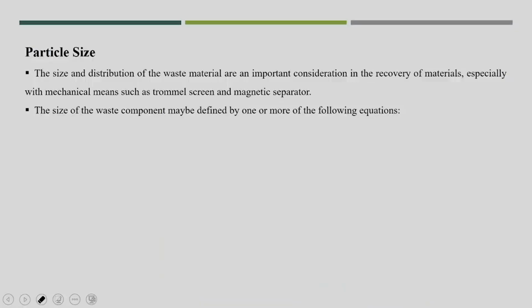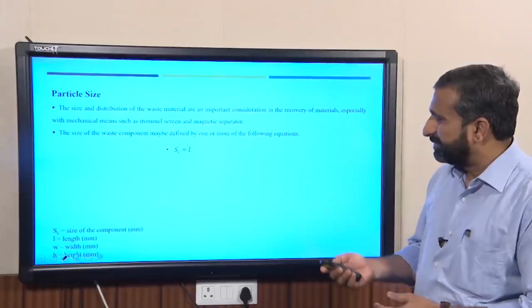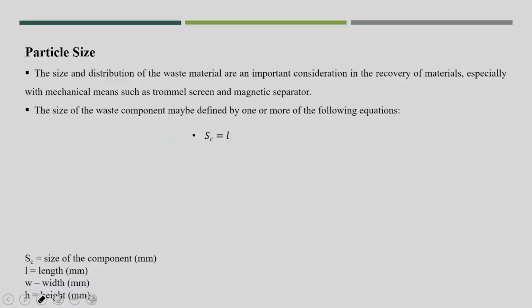Another parameter is called particle size. This parameter is normally important for the recycling facility, because there we need to know what kind of size. Even for the degradation process we need to know the particle size. There are different ways of calculating particle size, based on the length, width, or height of that particular material.